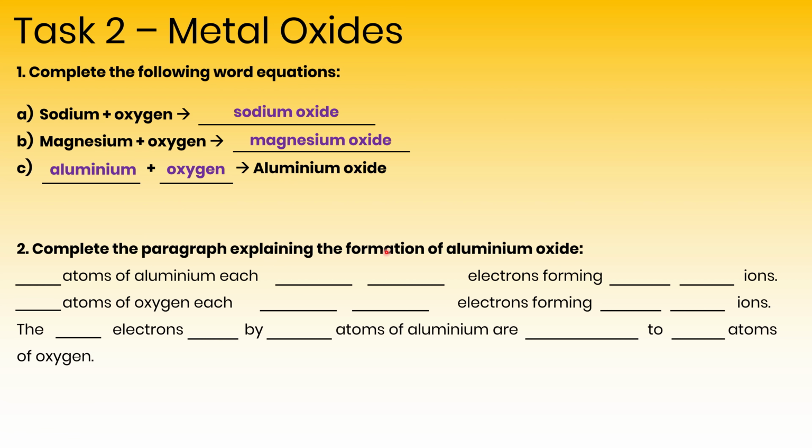Complete the paragraph explaining the formation of aluminium oxide. 2 atoms of aluminium each lose 3 electrons, forming 2 Al3+ ions. 3 atoms of oxygen each gain 2 electrons, forming 3 O2- ions. The 3 electrons lost by 2 atoms of aluminium are transferred to 3 atoms of oxygen.